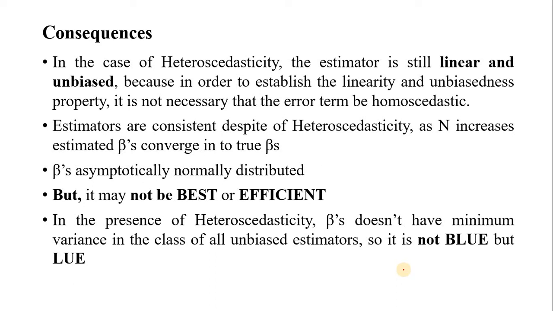So the major problem with heteroscedasticity is that it affects the best property as well as the efficiency property. That's why it is not the best linear unbiased estimator, only a linear unbiased estimator. In BLUE, the B will not be there; without B, BLUE becomes LU.